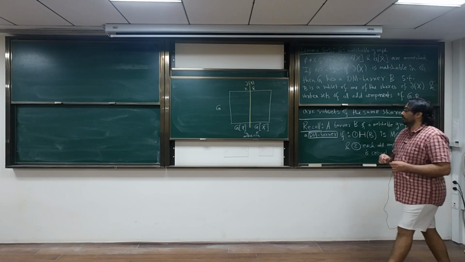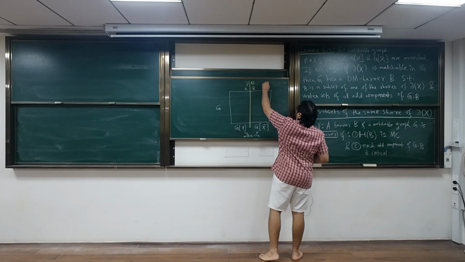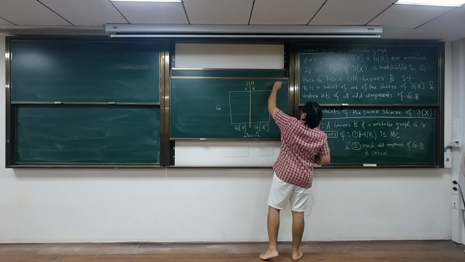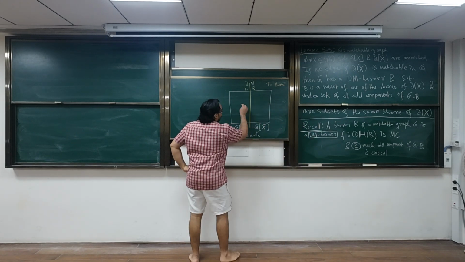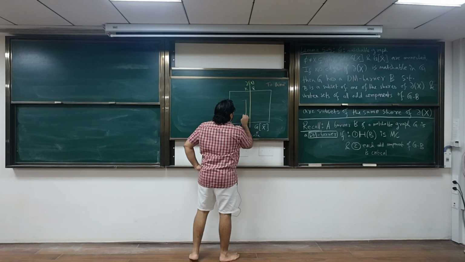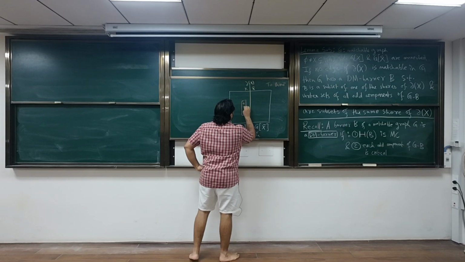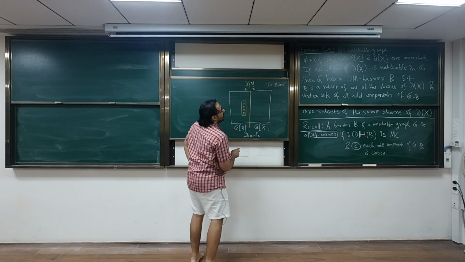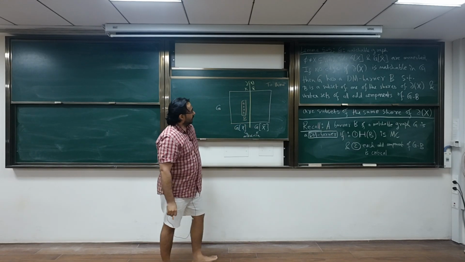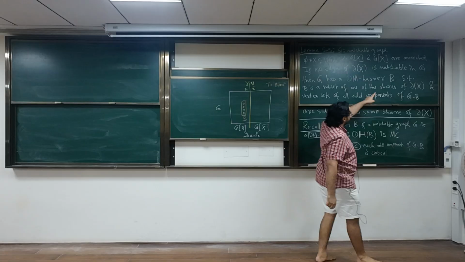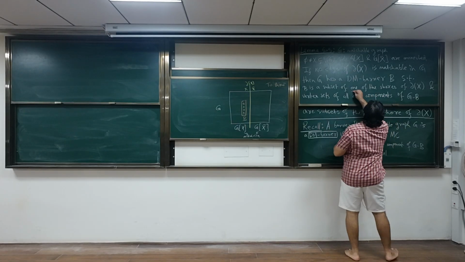So what we want to show, I'll draw that part in orange. We want that barrier to live in one shore. Dulmage-Mendelsohn barrier B. We want the entire barrier to be living in one shore, one of the shores.